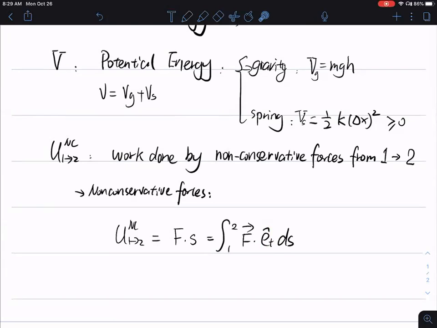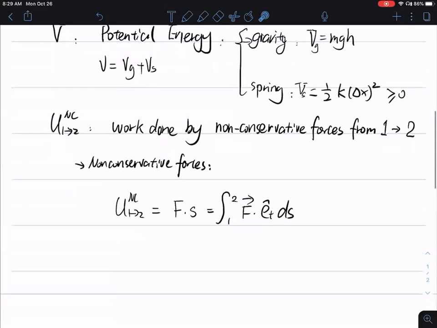And that et hat represents the direction. Remember, in path coordinate system, et hat represents the direction of motion. So a more accurate calculation would use a force vector times the direction in which that particle is moving. But in most cases, it can be simplified to just force times distance it traveled.